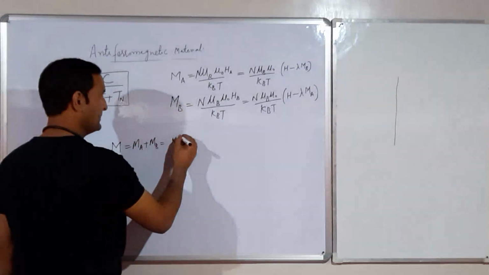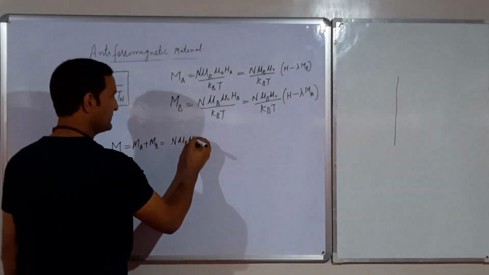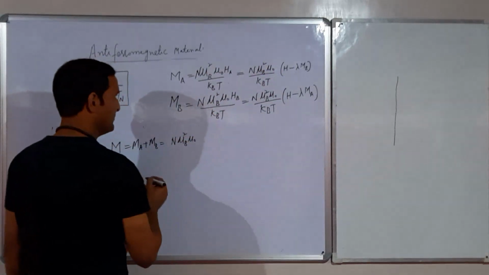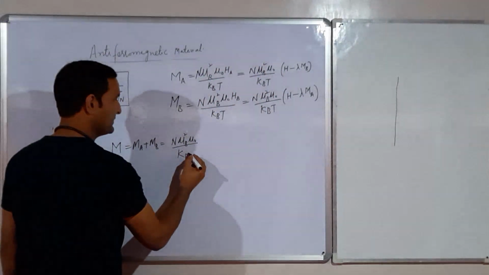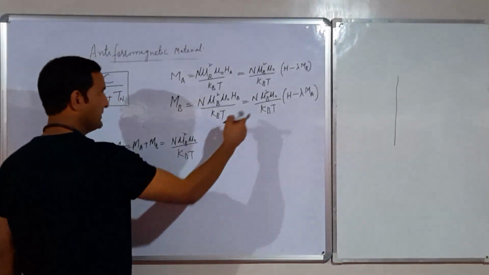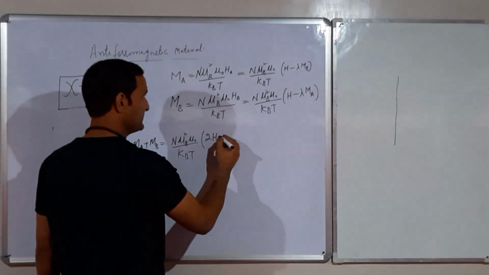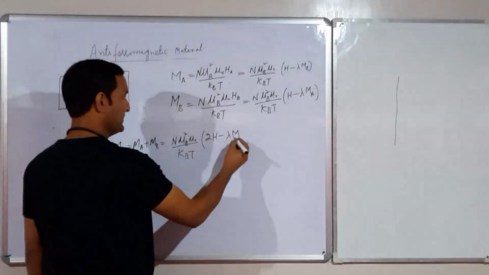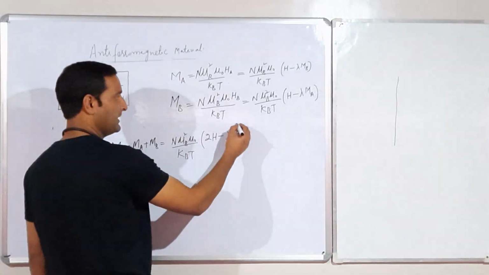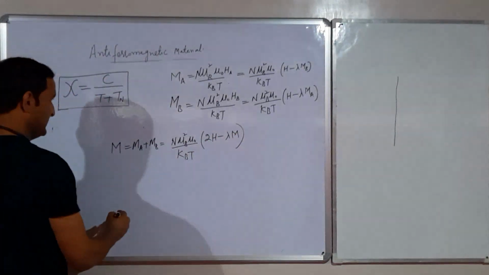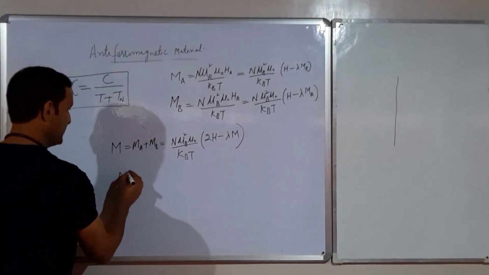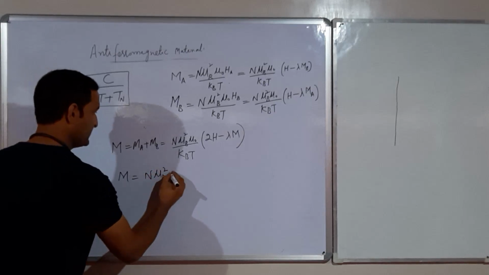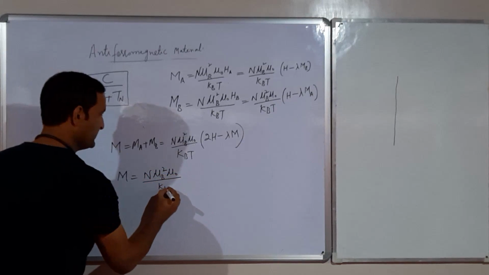So N mu B square mu naught upon KBT will be common, and there remains twice H minus lambda times MA plus MB, that will be equal to M also, that is lambda M. Therefore, M will be equal to N mu B square mu naught upon KBT.